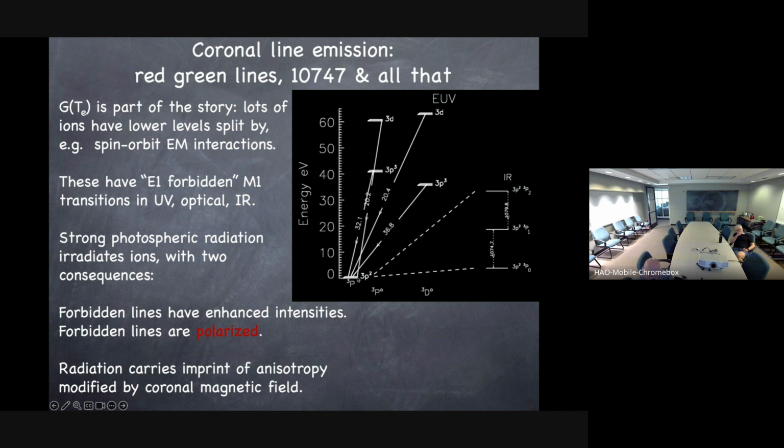This is because you've got a triplet P ground state, and the EUV transitions are up here. So everything's hunky-dory here because there's very little radiation coming from the sun at 20 nanometers. However, these are in the infrared, 1 micron, both of these lines, and I've blown them up here. But at 1 micron, the sun is one hell of a powerhouse. It's got a lot of radiation coming out of it.